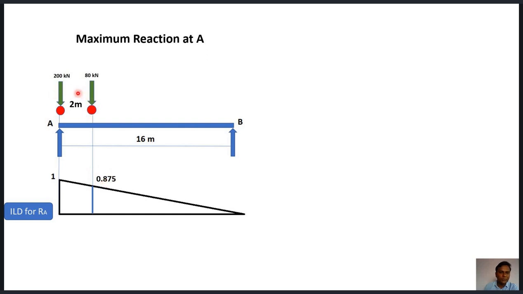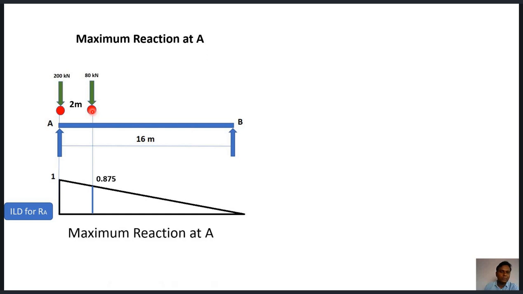If you change the position of these two loads, if I take 80 kilonewton at A and 200 at a distance 2 meter from A, then whatever calculation you get, the reaction will be less than this combination.